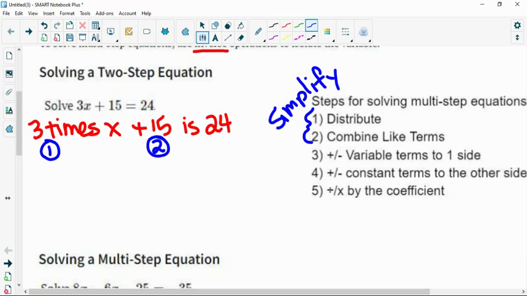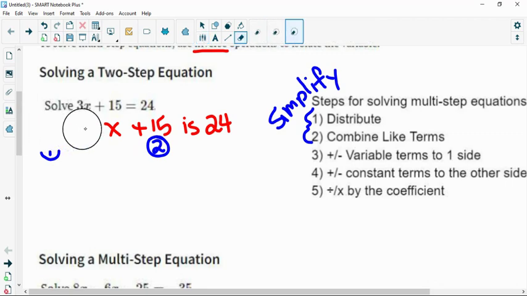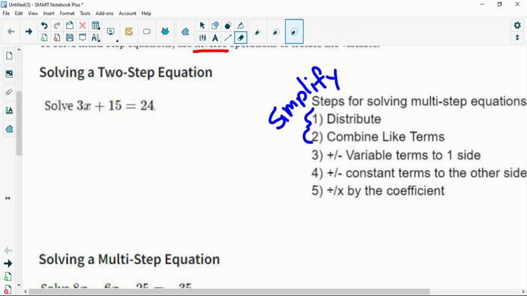So we're going to start by removing the plus 15. Then we'll go and look at the 3 times. If you compare this with our steps, for this one there are no parentheses and there are no like terms to combine.